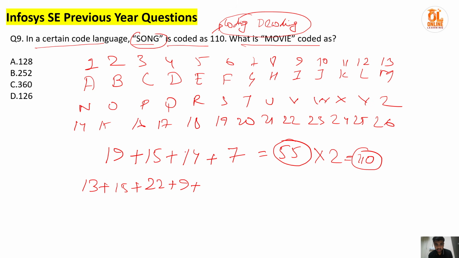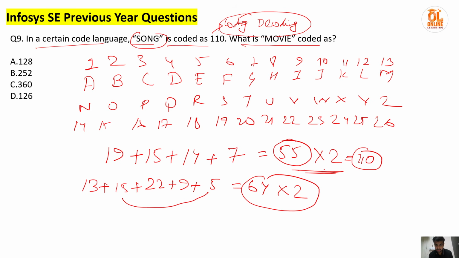Plus E, 5. 15 plus 5, 20. 20 plus 22, 42. 42 plus 13, 55. 55 plus 9, 64. So now we have to multiply it with 2 as per the previous coding technique we have used. So 64 into 2 is 128. So 128 is the right answer.